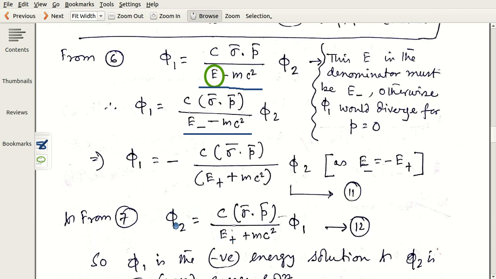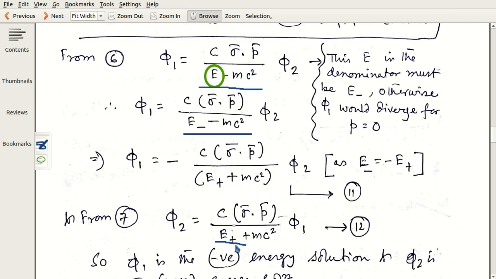In case of phi 2, if you use E minus here, then the denominator will be 0 and phi 2 will diverge for P equal to 0. So your solution must correspond to the general case and be acceptable for every case.